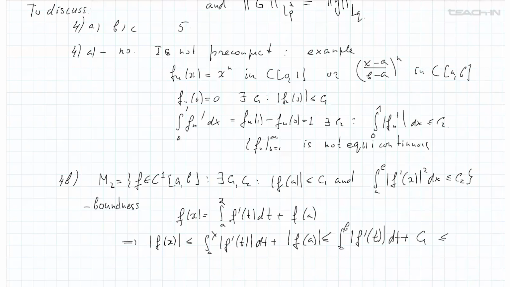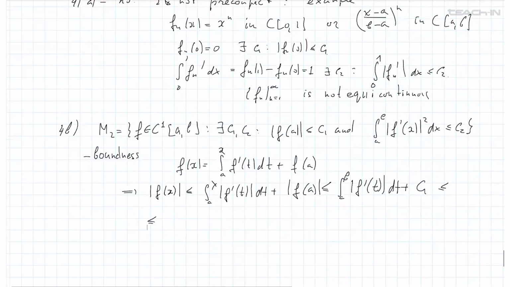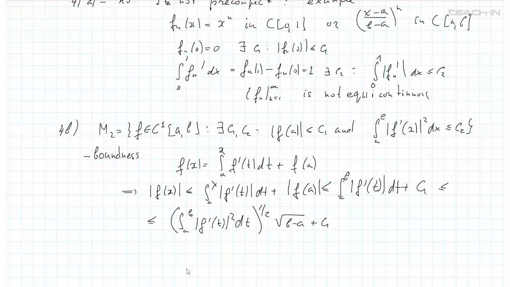Then by the Hölder or Cauchy-Bunyakovsky inequality, we show that this is less than the square root of the integral of the square of the derivative, to the power 1/2, times the square root of b minus a, plus C1, so it is less than the square root of C2 times (b minus a), plus C1. Thus the set is bounded.